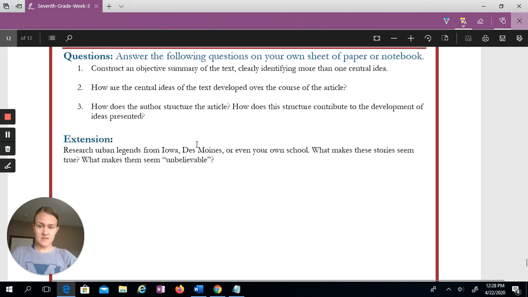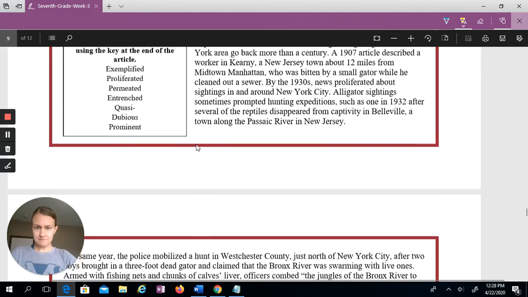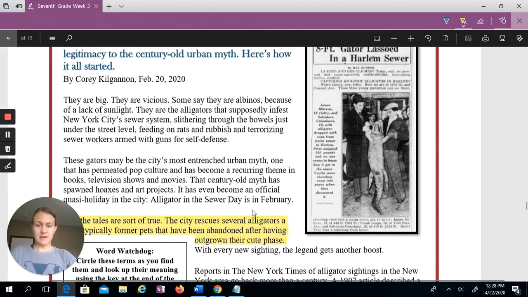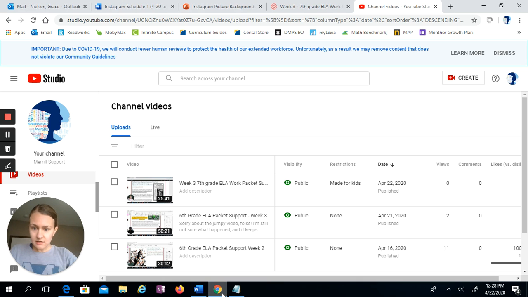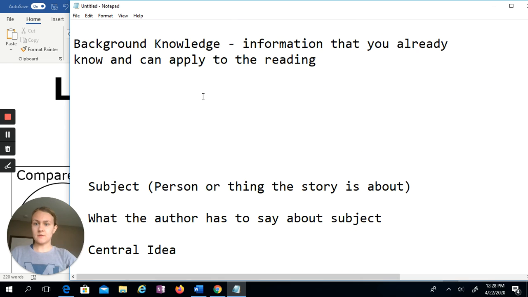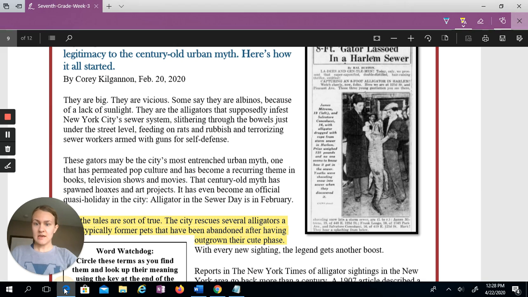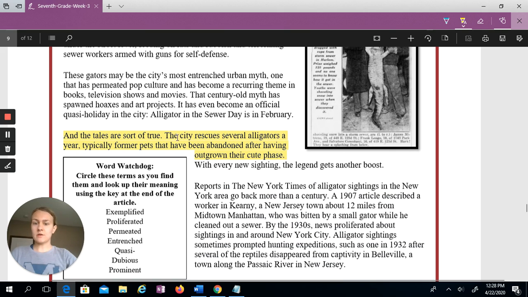My suggestion for this would be to go back and look at the two supporting central ideas. One central idea again: alligators have been found in the New York sewer system, but the stories about their size, amount, and characteristics have been exaggerated. And I can look at our quotes.